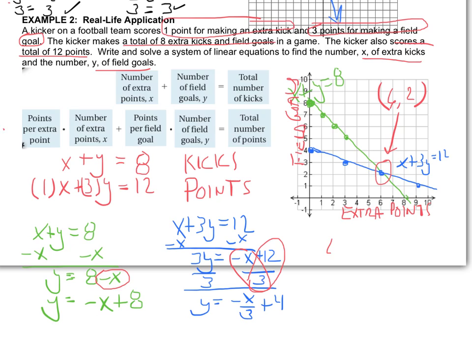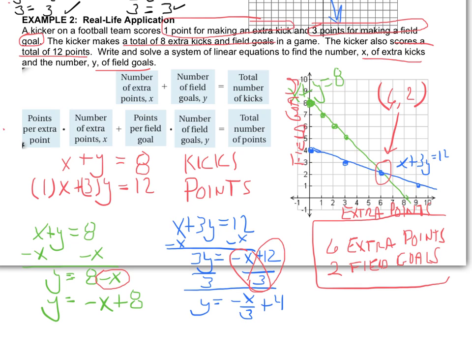So 6 extra points and 2 field goals. And that's how we solve a system with graphing.